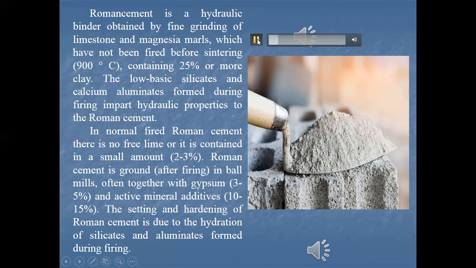Roman cement is a hydraulic binder obtained by fine grinding of limestone and magnesia marls, which have been fired before sintering, at 900 C, containing 25% or more clay. The low basic silicates and calcium aluminates formed during firing impart hydraulic properties to the Roman cement.